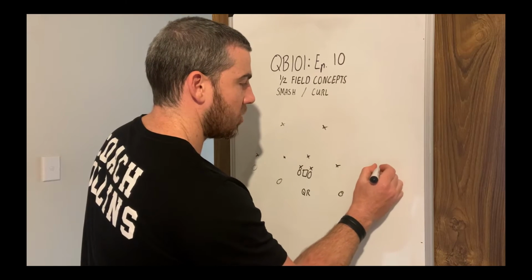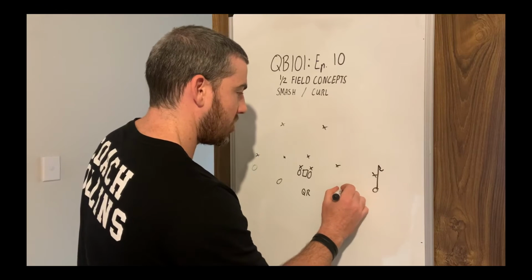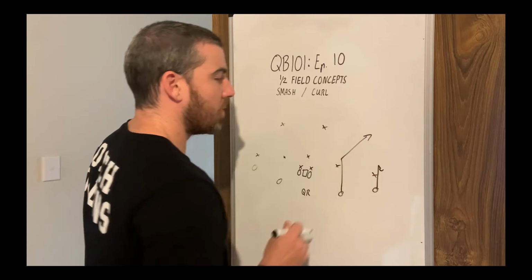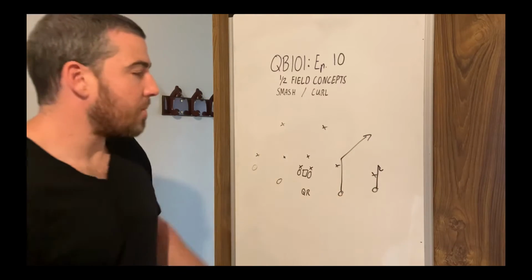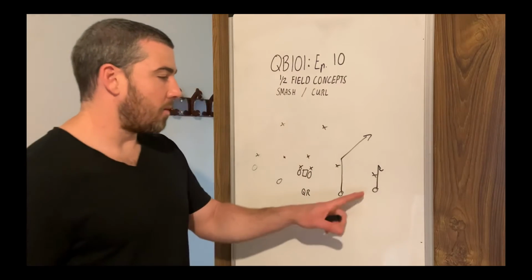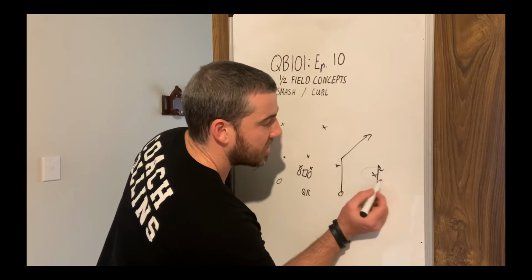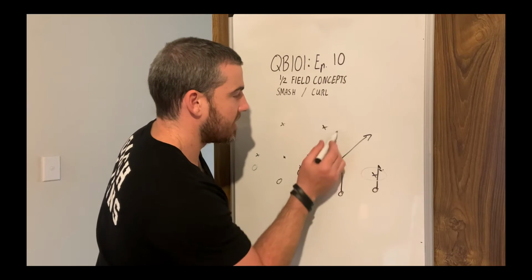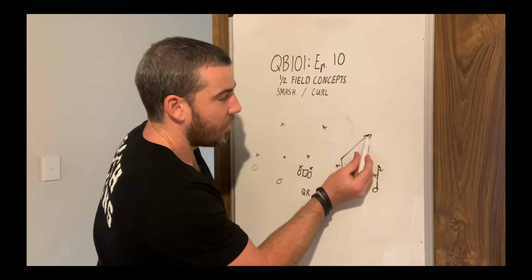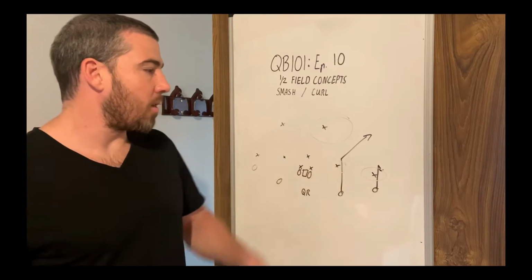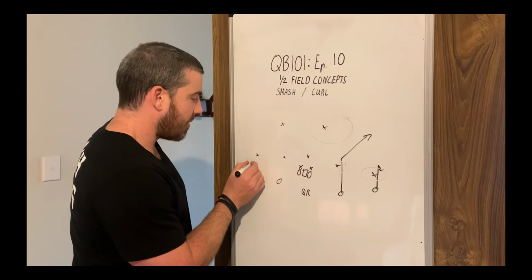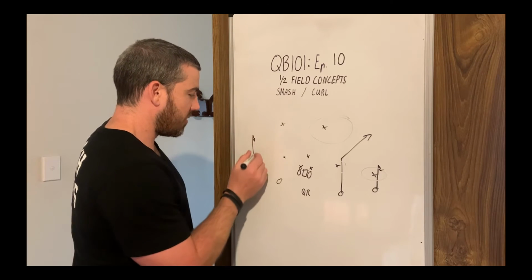So cover two, we have a hitch and a corner. This smash concept is considered a cover two beater, because this corner is going to sit in this zone here. They're going to sit and they have the deep half, and we should be able to hit that corner concept. And the same applies for the curl.